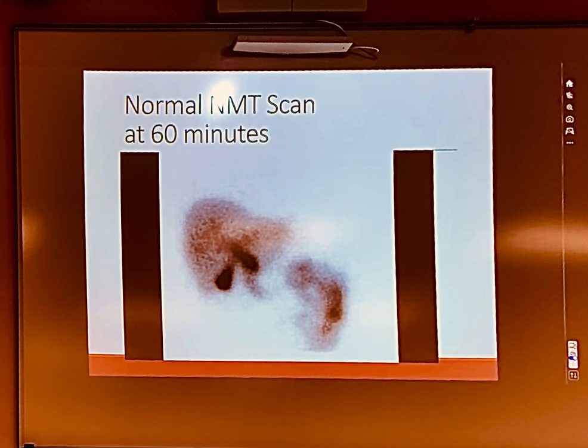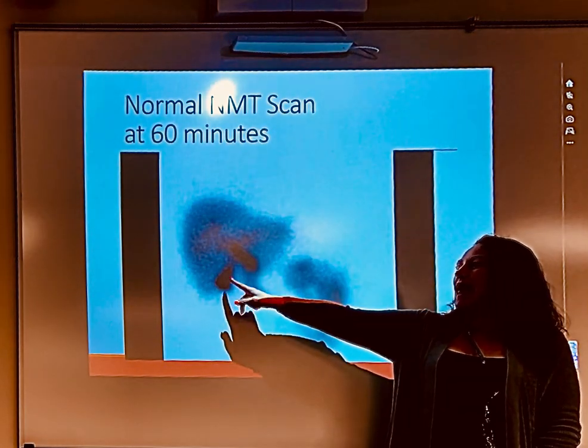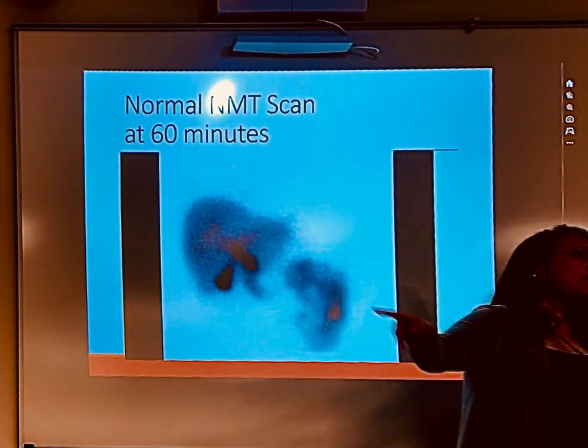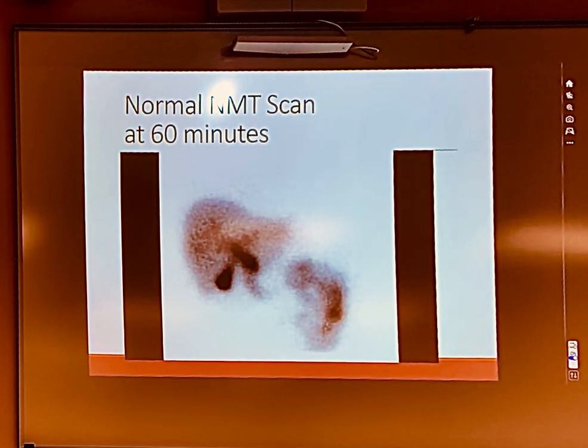Okay? When it starts, your entire liver is this color, this black, as dark as it is, right? Because the hepatocytes are just taking up the activity. They haven't started to process that bile and that radioactivity.